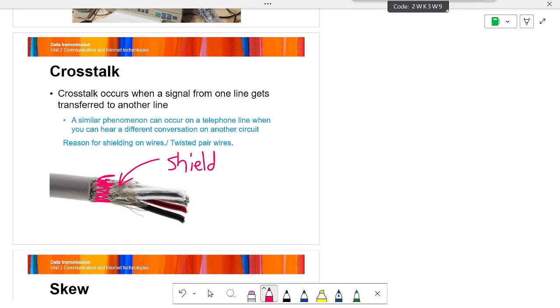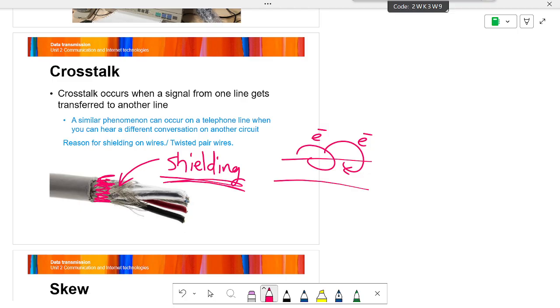Why do they put a little piece of metal wrapped around the wire? What does shielding do? Any idea? As I have the wire go, it has a magnetic field. Magnetic fields, they like to go through what? I don't know. Have you studied physics? Are you in physics? No. No?